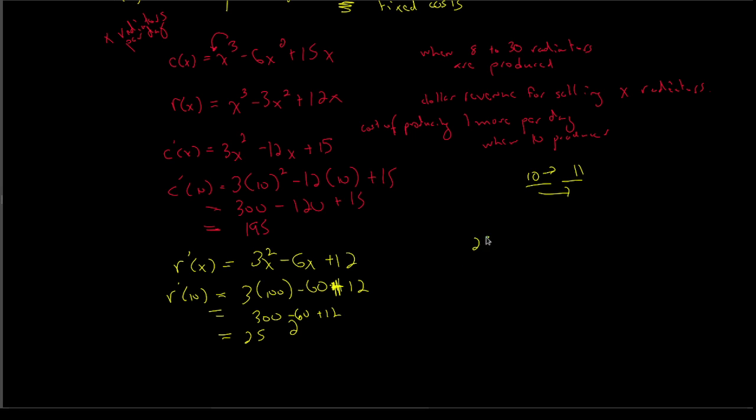So to increase by one radiator per day, you're going to see a net profit of $57 associated with those costs.